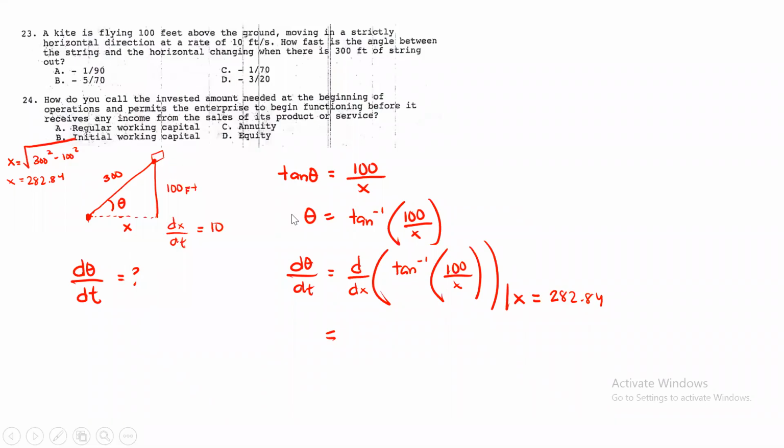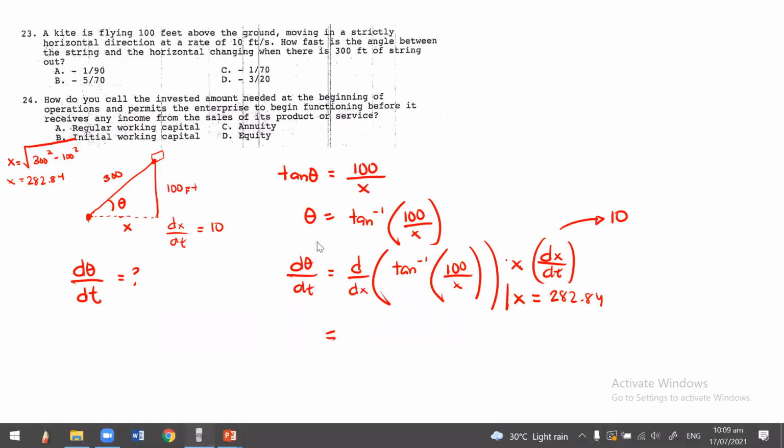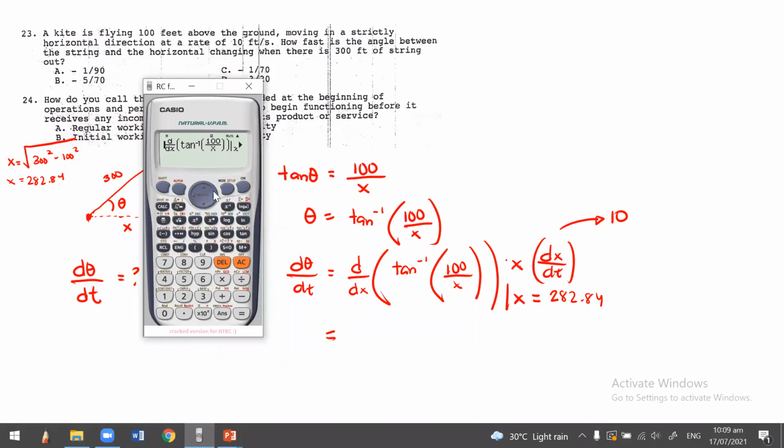Ay, wait, guys, may nakalimutan pala tayo dito. Times dx over dt pa pala. Itong dx over dt natin is 10. So, times 10 pa natin yung sagot natin, guys.